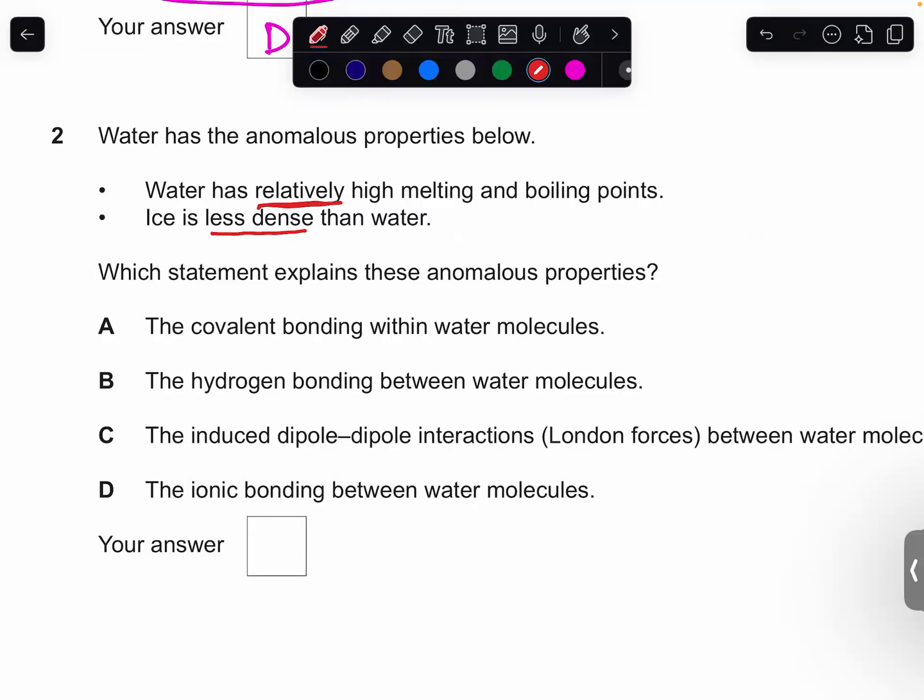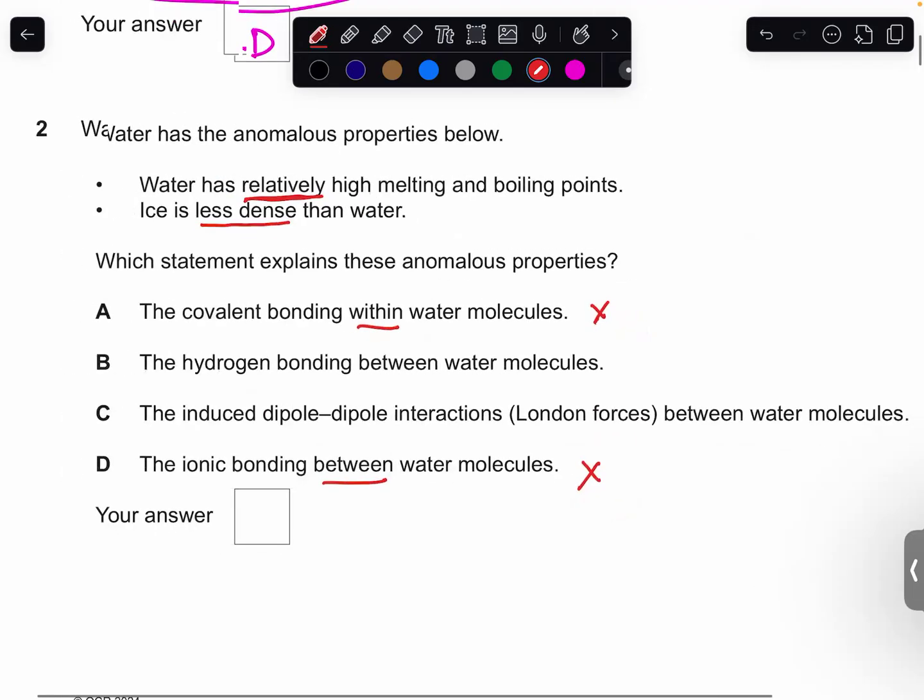Let's look at the answers which it cannot be. The covalent bonding within the molecule: these unusual properties have nothing to do with the covalent bonding within the molecule. Can't be A. The ionic bonding between the water molecules, no. It's an intermolecular force, not a strong force like ionic bonding.